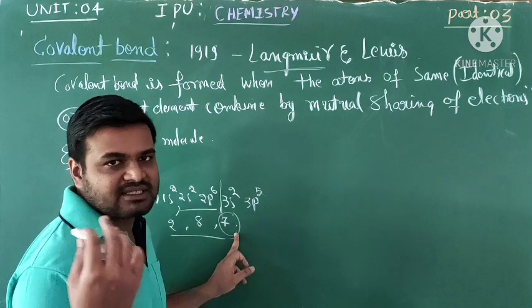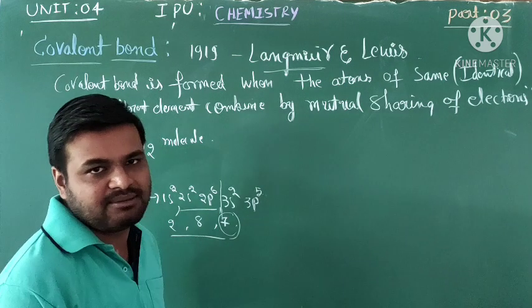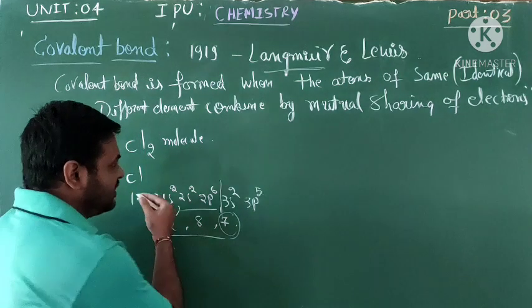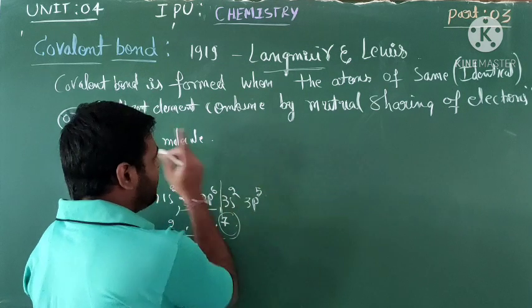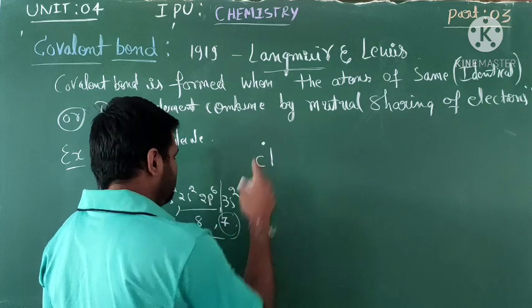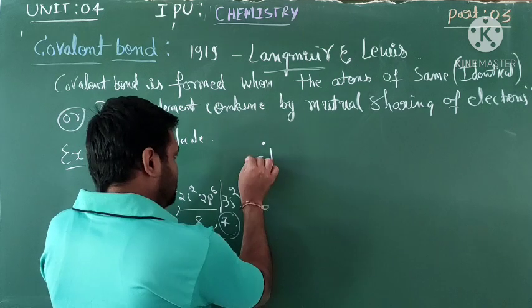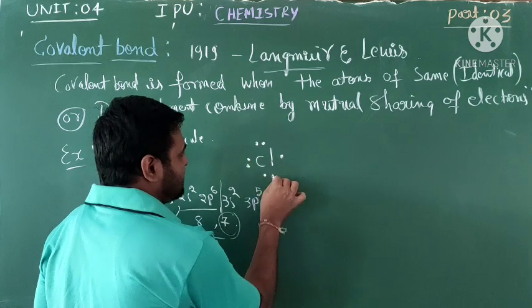In the previous class we discussed that valence electrons are represented in a Lewis symbol as a dot representation. So here, take one chlorine. How many dots? 7: 1, 2, 3, 4, 5, 6, 7. Okay.